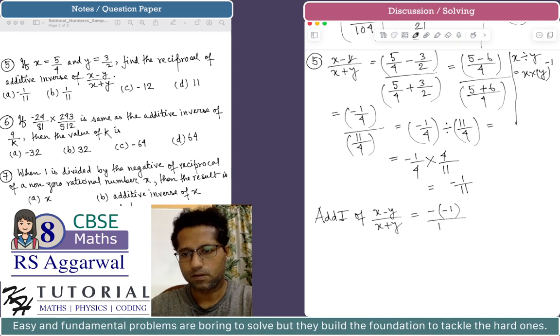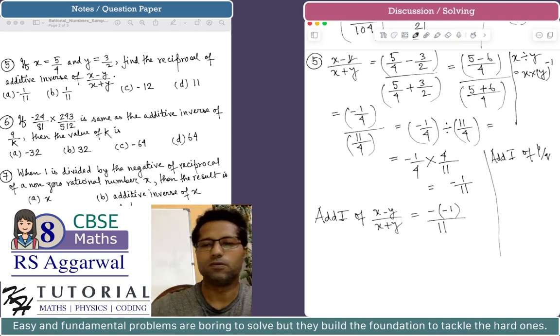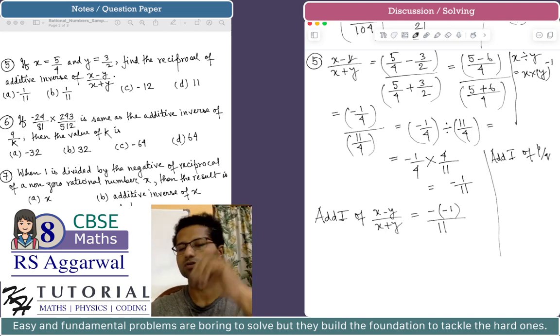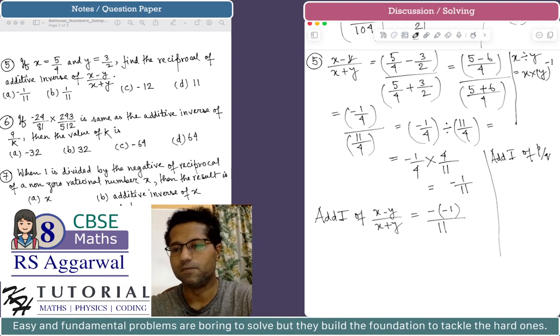What is the additive inverse of any rational number p by q, where p by q can be anything, of course q is not equal to 0? p by q can be positive or negative. The additive inverse of p by q is always equal to minus p by q: you change the sign of p, or take the negative of p.